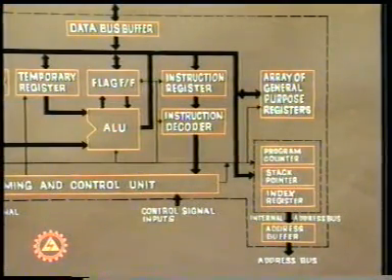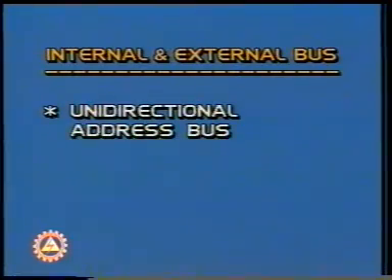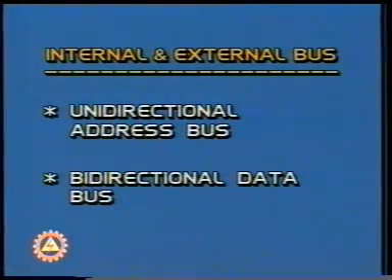Most common microprocessors have address data bus organized architecture. Such an architecture communicates with external memory and I/O devices through a unidirectional address bus which addresses a particular memory or I/O location, and a bidirectional data bus for movement of data from and to the microprocessor.